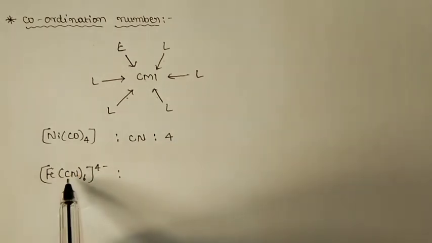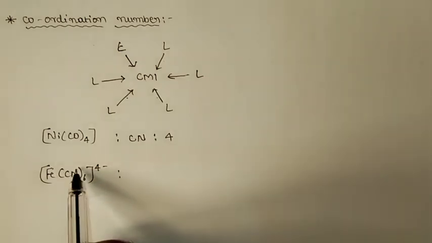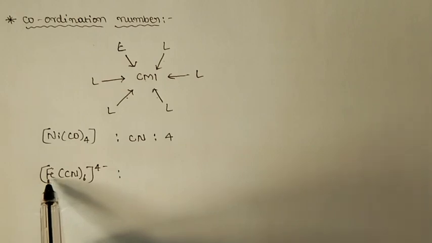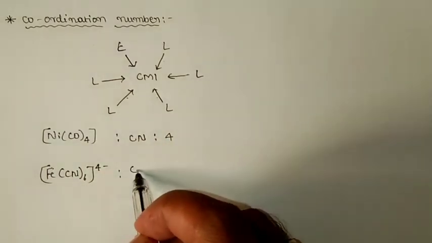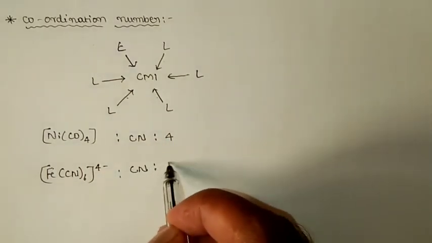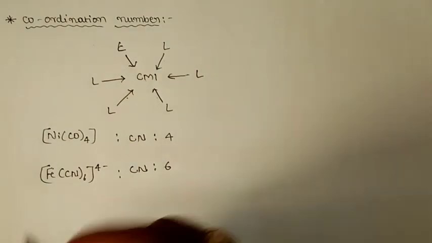So there will be only one ligating atom per ligand. There are 6 monodentate cyano ligands bound to the central metal ion, that is iron. So there will be a total of 6 coordinate bonds. Therefore the coordination number of this is 6.